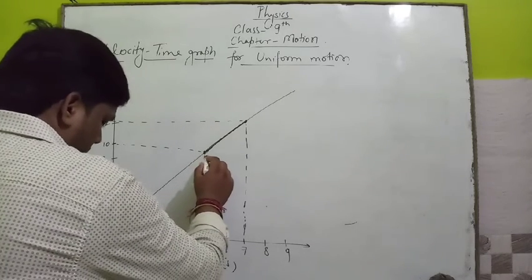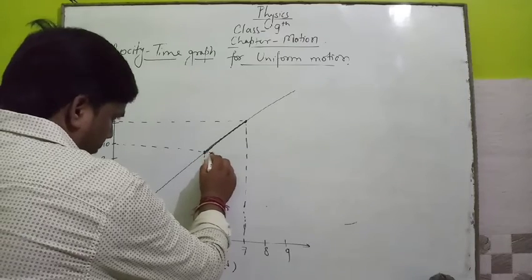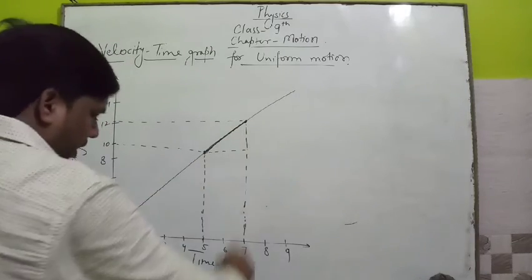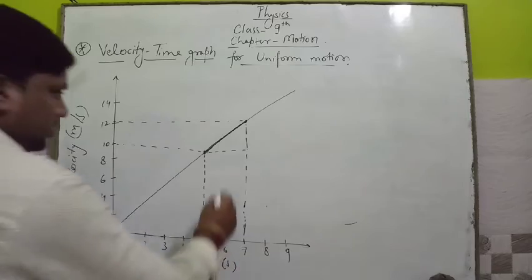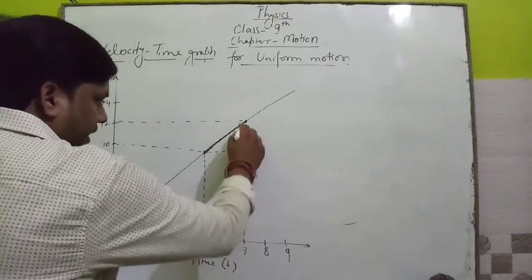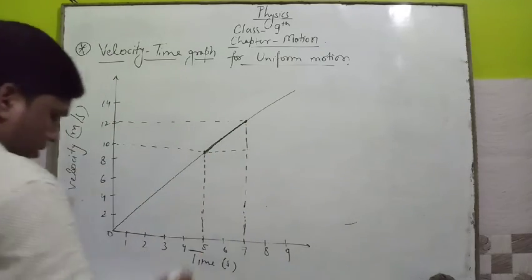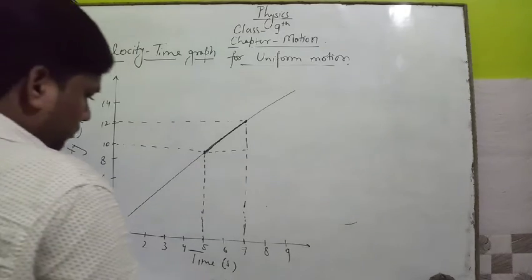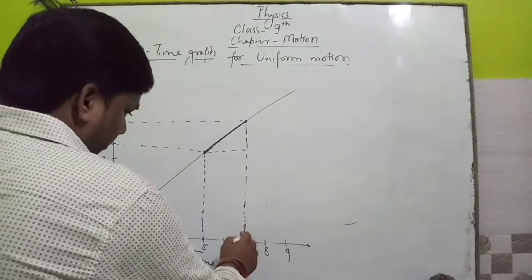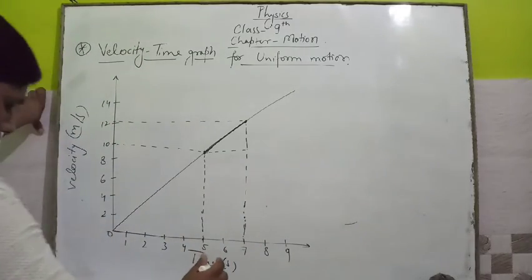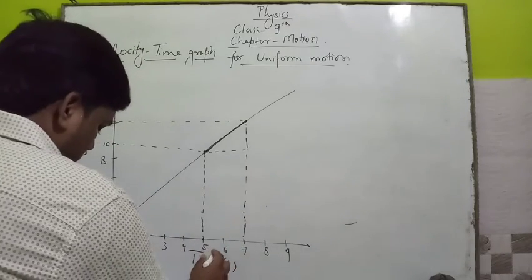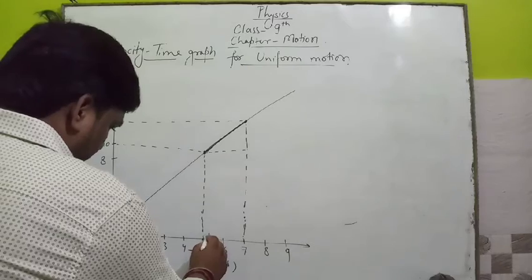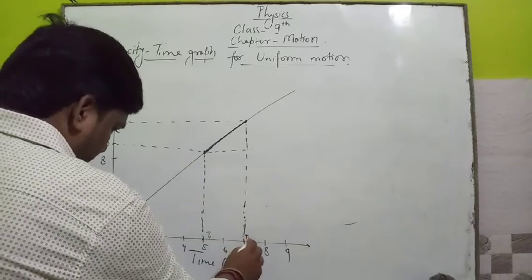Now again we have divided this area. This is in the form of a rectangle and this is in the form of a rectangle. So we are giving names. First, this is T1 time and this is T2 time.